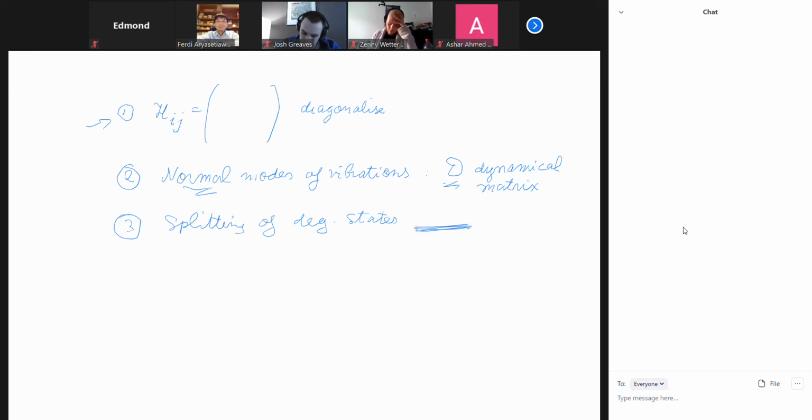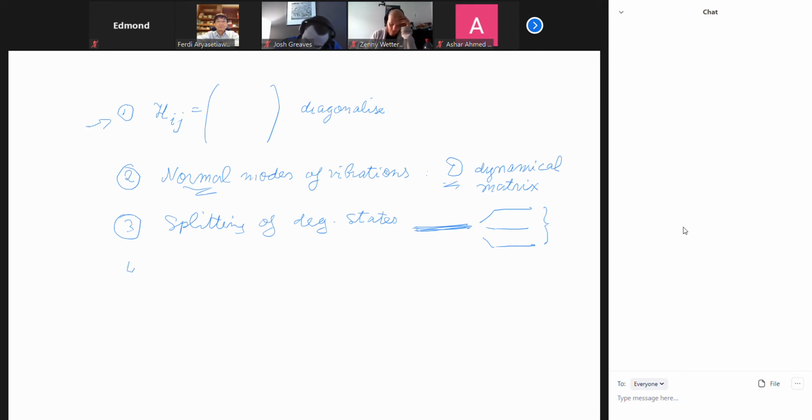If you recall, symmetry usually implies some degeneracies. So now if you reduce the symmetry, or break the symmetry to a lower symmetry, then these states can be split into several states. And group theory can then be used to classify how these states are split into the different irreducible representations of the lower group.